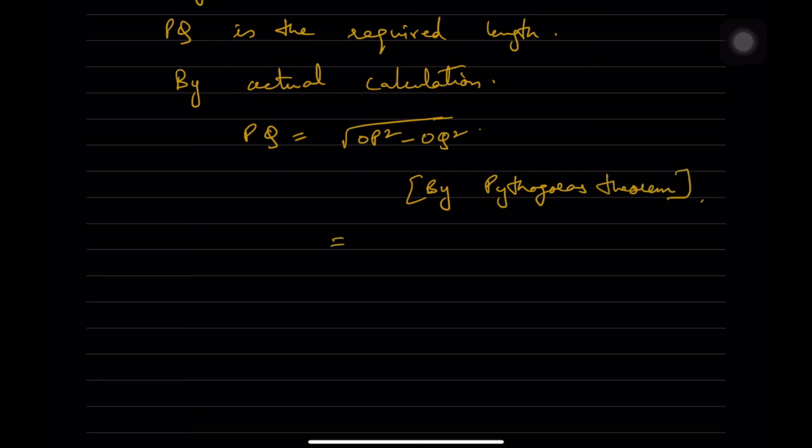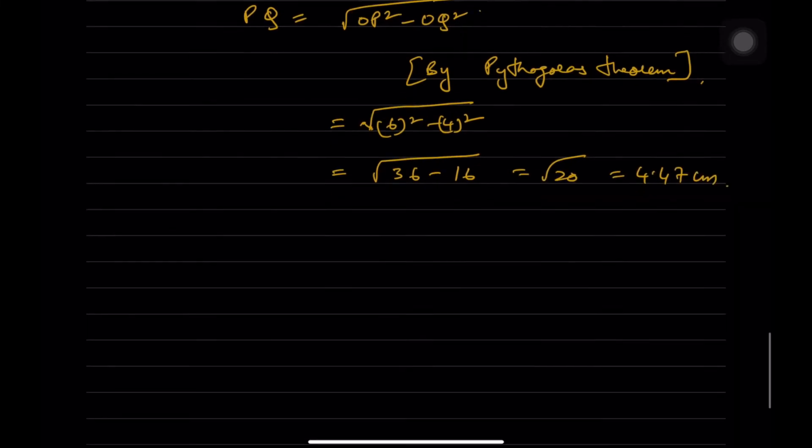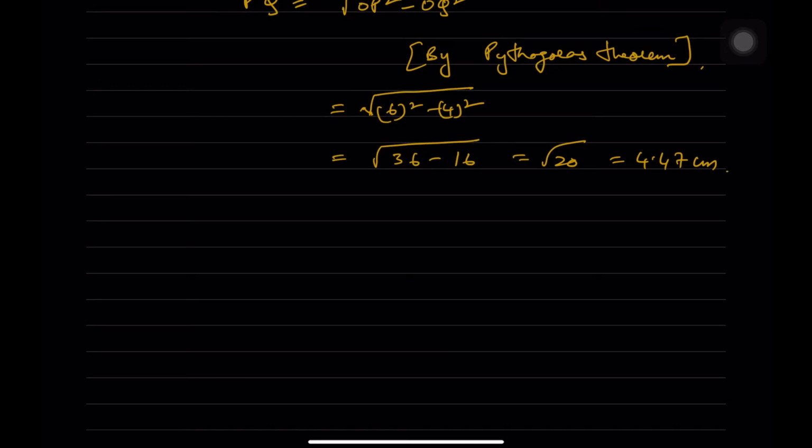Which is equal to the square root of 6 squared minus 4 squared, which is equal to 36 minus 16, which is root 20, which is equal to 4.47 centimeters. And this is nearly equal to 4.5, because if you are taking to the nearest tenth, then you can write it as 4.5. Now justification.